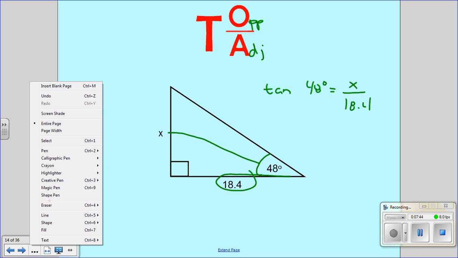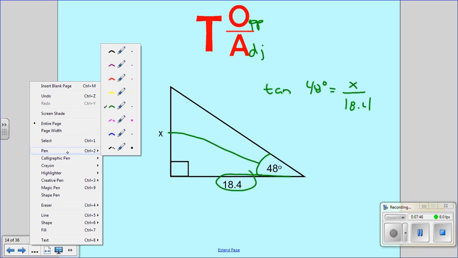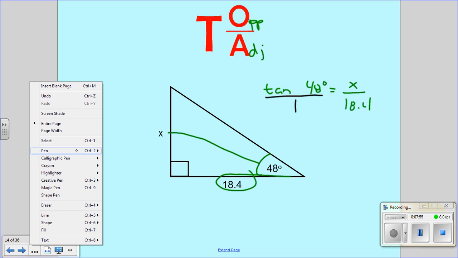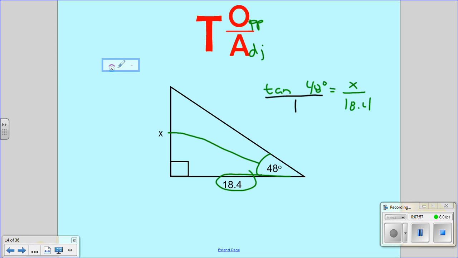So to solve for x, cross multiply, but first put it over 1. Now we cross multiply. So that way you get x is equal to 18.4 times tangent of 48.